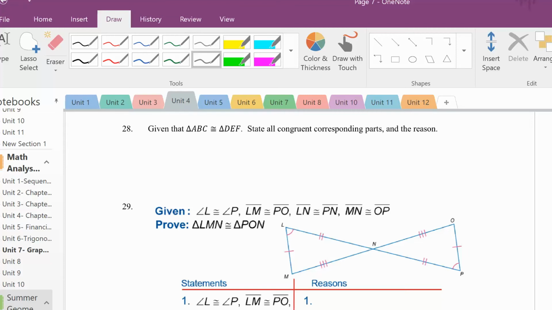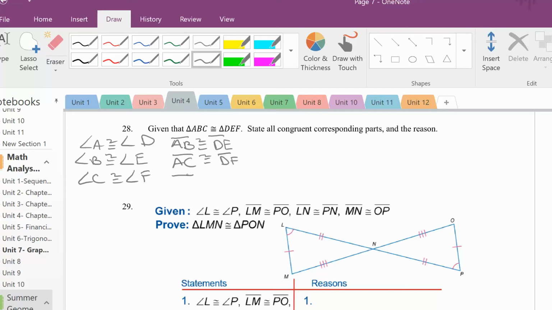Well, that means that angle A is congruent to angle D, angle B is congruent to angle E, angle C is congruent to angle F. That means that AB is congruent to DE, that AC is congruent to DF, and that BC is congruent to EF. So basically you just match the letters, and the reason that they are congruent has to do with what's called CPCTC.